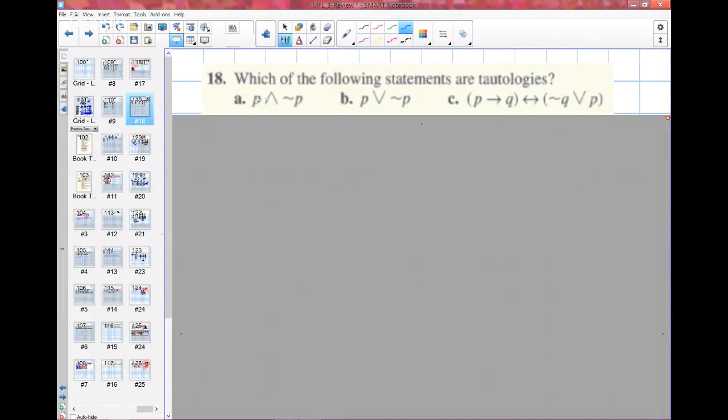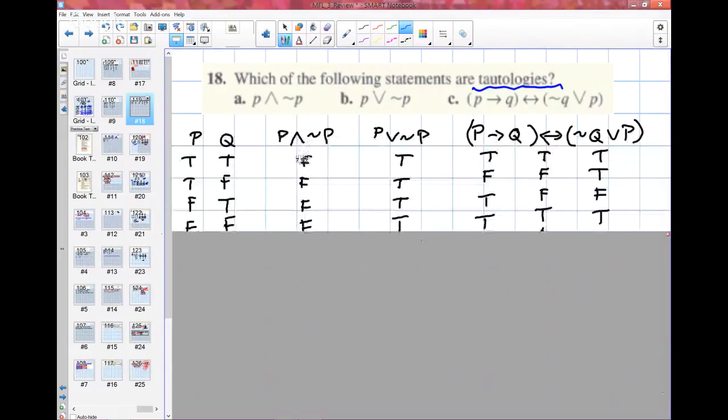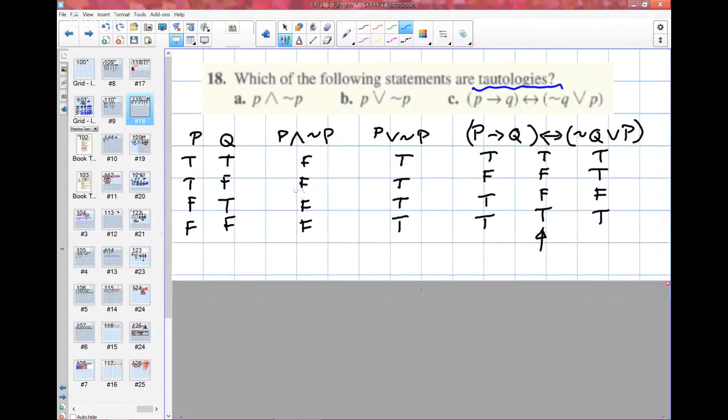So a tautology, remember that term? You guys need to remember that a tautology is a truth table that comes out with all truths in the final answer column. So all you gotta do is make a truth table and find out. Here's A right here. Well, that's sure not a tautology.